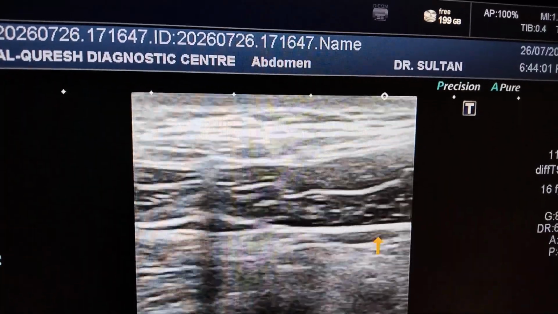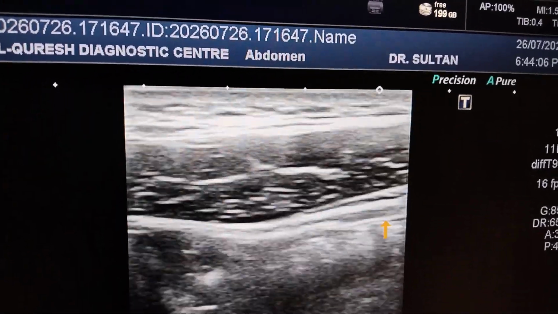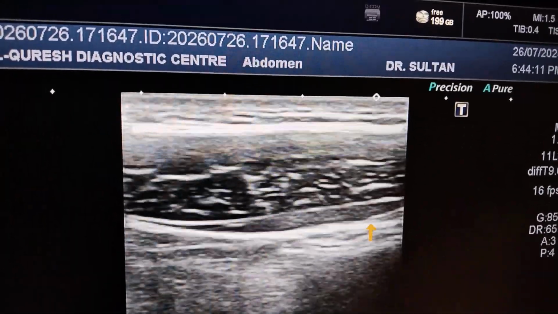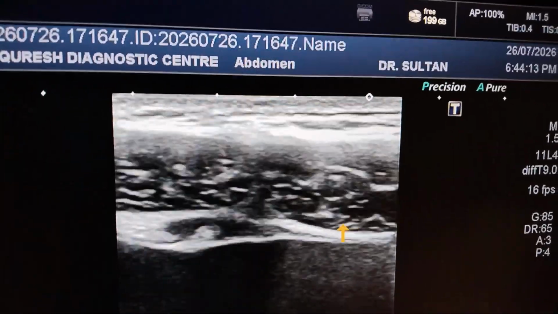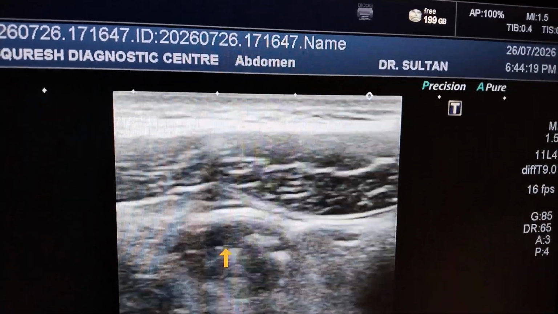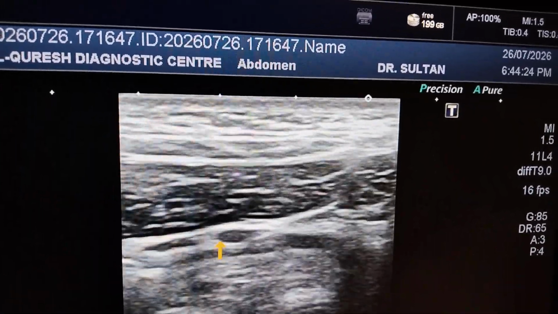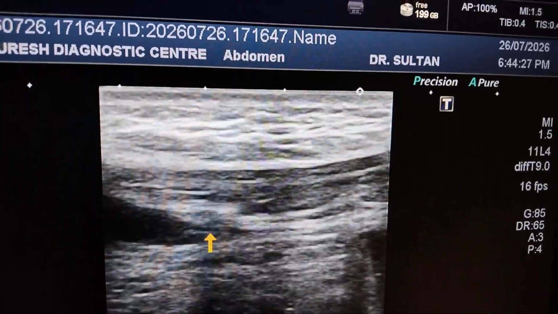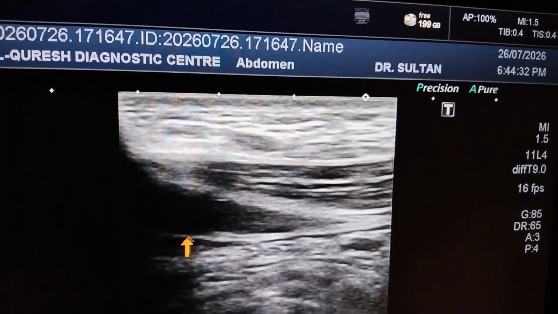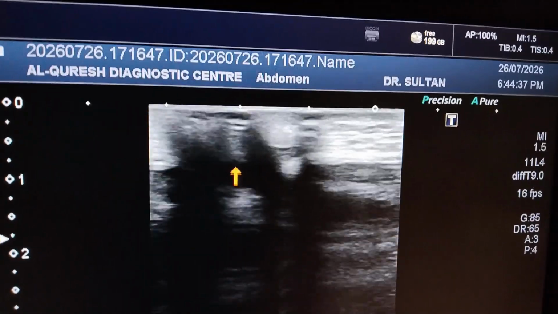We can appreciate this one. Sometimes it disappeared, however, it is present, and this is present here. So this is the tract that is going into the umbilicus tissue.